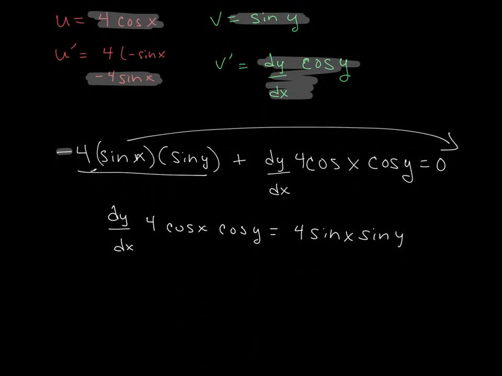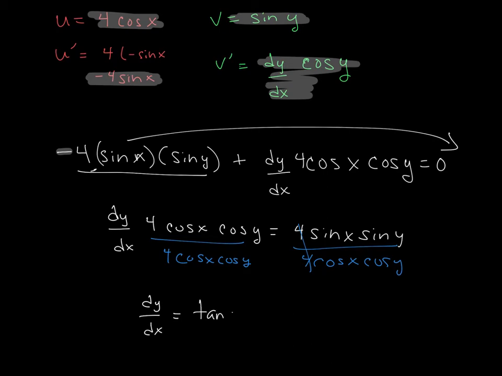I want to continue and divide both sides by 4 cosine x cosine y. The 4 over 4 becomes 1, and dy/dx is equal to sine over cosine, which is the same thing as saying the tangent of x times the tangent of y.